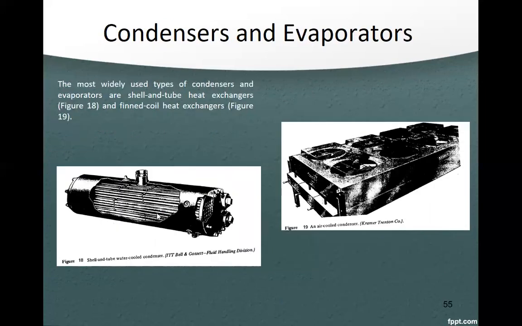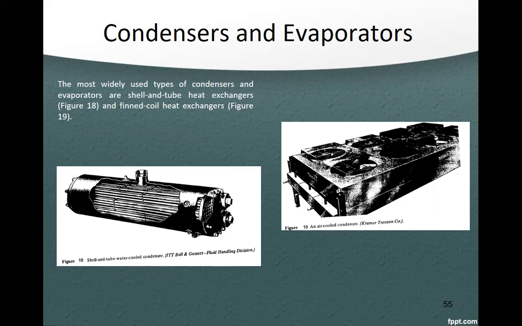Yung evaporator, evaporator yan, nakita sa mga aircon. So, coil na may fins. Yan. Itong type na to, evaporator sa chiller, ito yan. Yung fin naman, ito sa aircon projector. Pero meron din yung indoor type. Ito yung shell and tube, sikat na sikat.